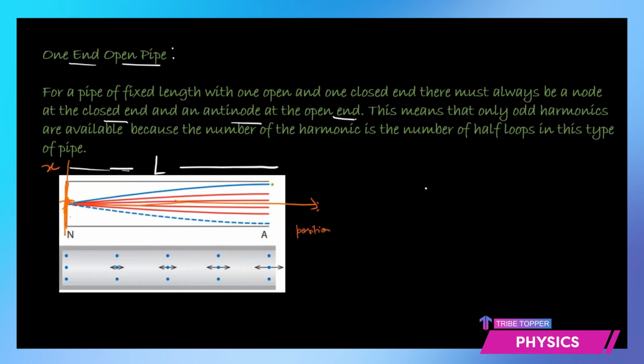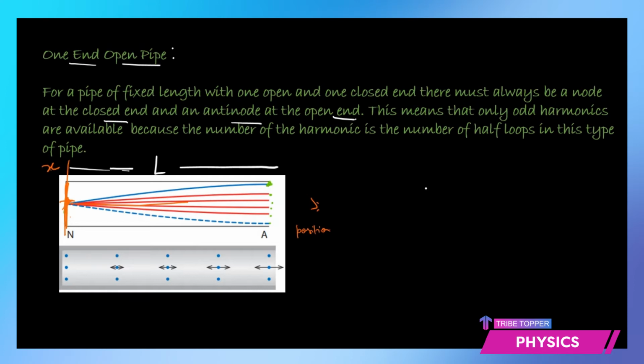So the particles at this end are going to oscillate like this with the largest amplitude, right? I am showing here a macroscopic view, but of course they do not oscillate that much. What I want to say is that the particles at the open end are free to vibrate as much as they want to. So they have a maximum amplitude here.